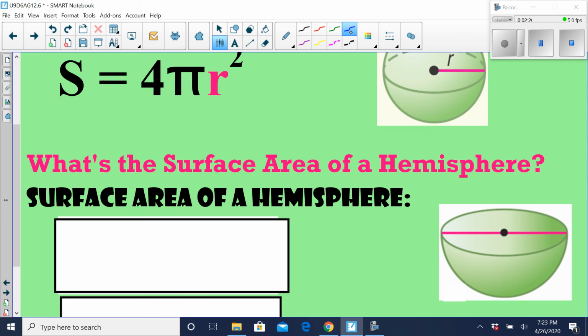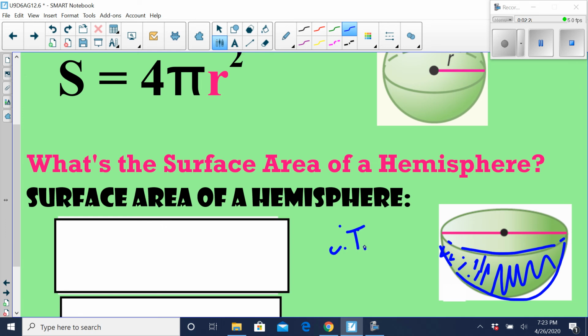So if I think here, 2 pi r squared would be anything that I can touch on this space here. That would be my 2 pi r squared. But one thing that a hemisphere has that the sphere doesn't is this circular base. So how do I find the area of that base? Well, that base is really just a circle.